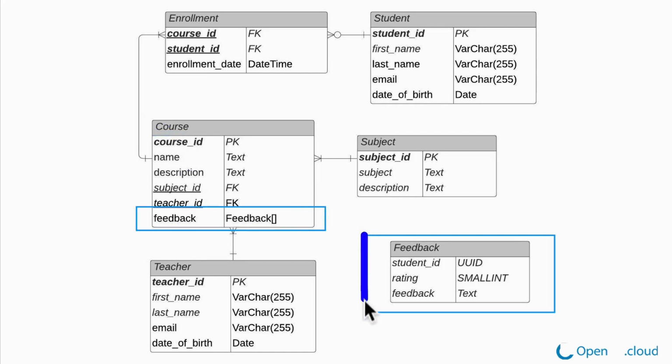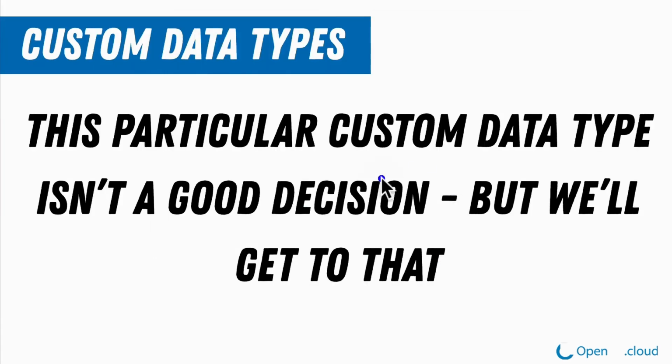Feedback will be a custom data type that will have a student ID, a rating, and feedback. And the rating will be a small integer that can range from 1 to 5. The student ID will be a UUID, and feedback will be text. And we'll show you how to do all of this. But remember, this particular custom data type isn't a good decision, but we'll get to that.